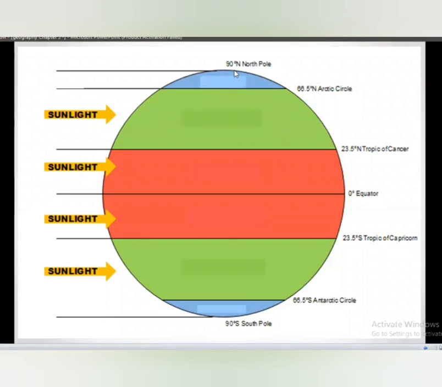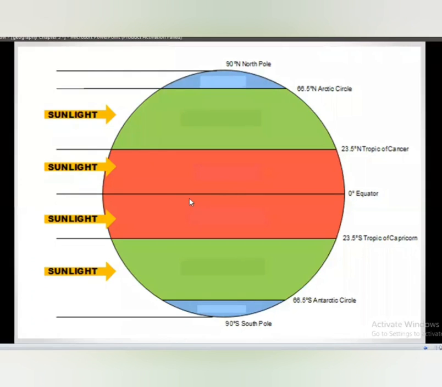That is why it has color blue. Places where straight or perpendicular sun rays fall are given red color.